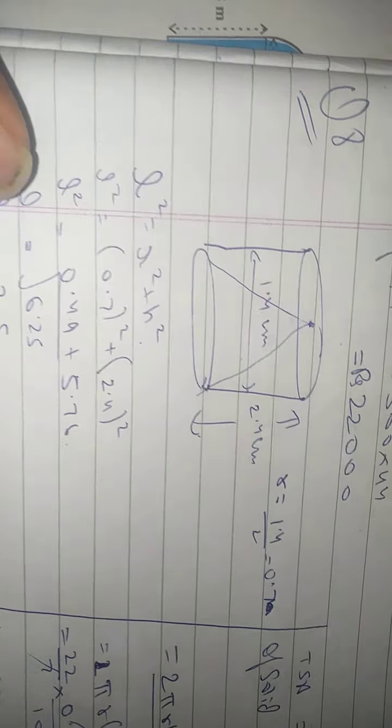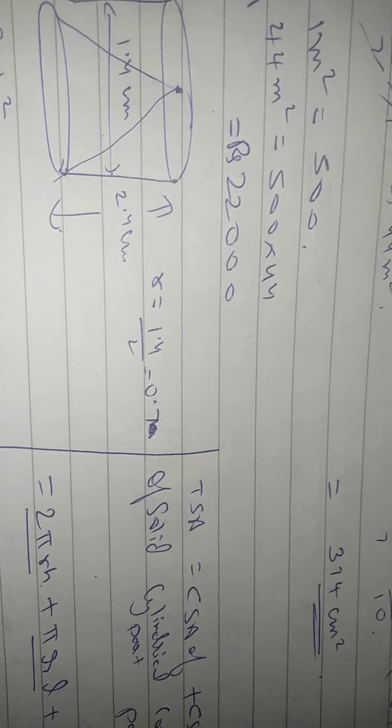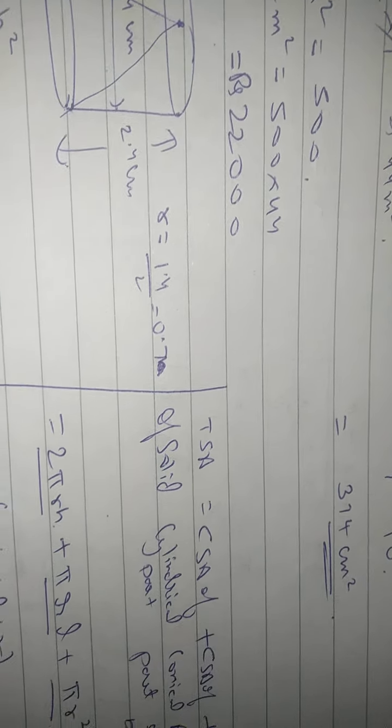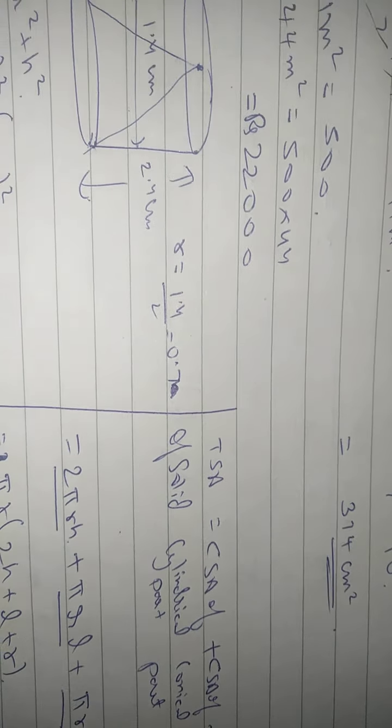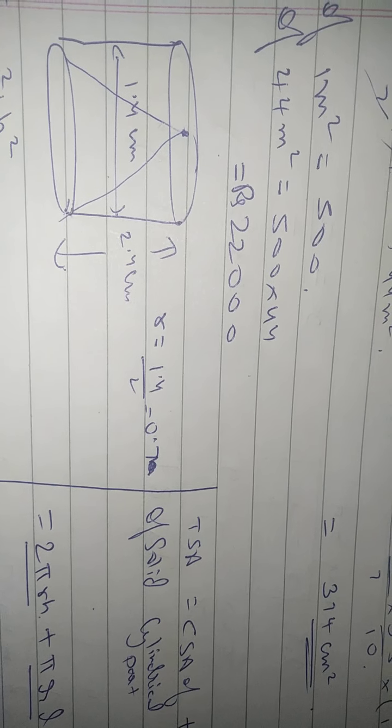Now TSA of the solid we have to find. TSA of solid means what? CSA of cylindrical part plus CSA of conical part inside, because it is hollowed out, so the shape of the cone is there inside, plus area of the base. Clear? Which base? Bottom base or upper base?